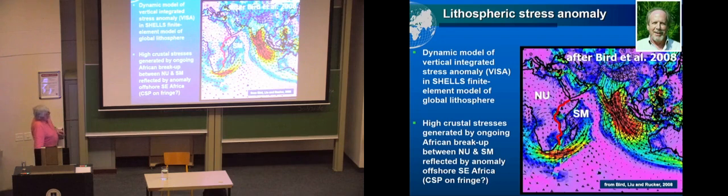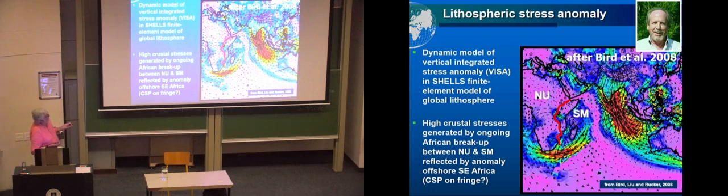He's produced what is called a finite element model of the lithosphere. It's a quasi 3D thing in which he's modeled on a global basis the stresses or the stress anomalies. It is something which he's defined as a vertically integrated stress anomaly. And if you look at stress anomalies along big plate boundaries, they are not that big or extensive.